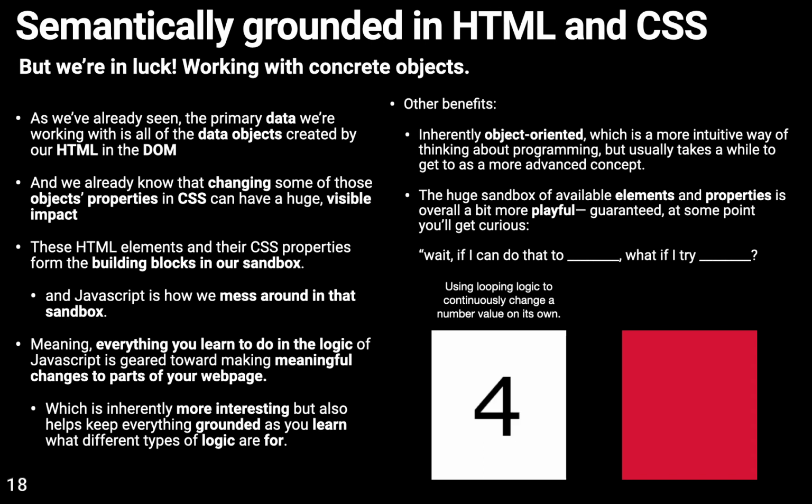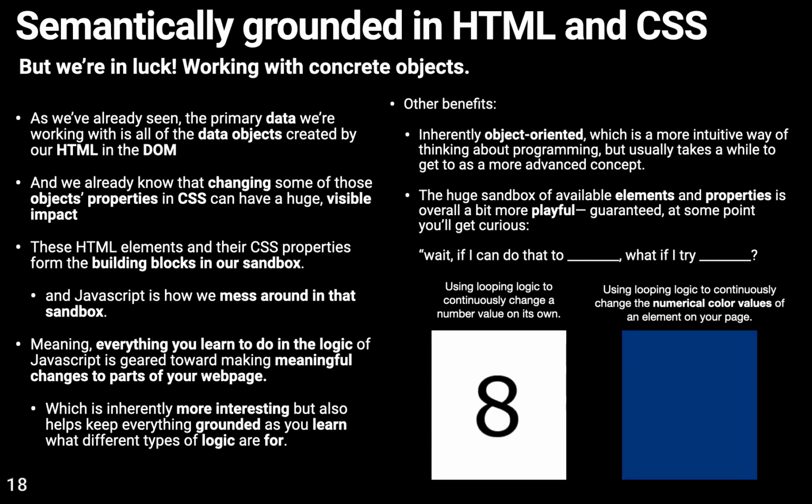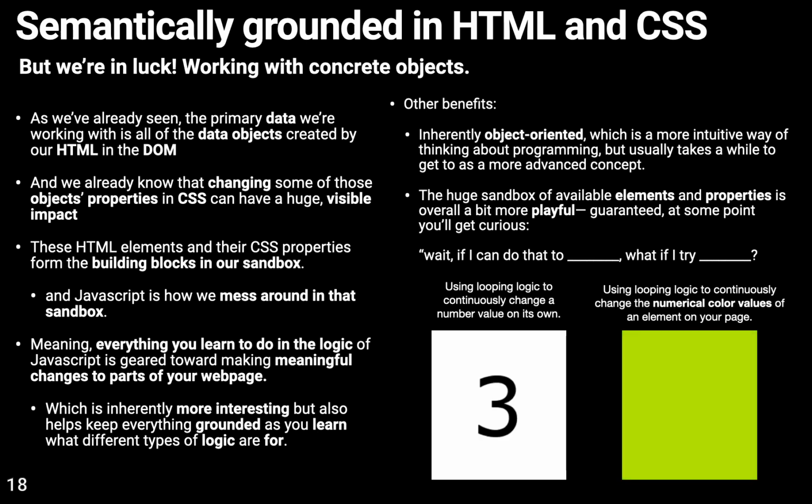So here's just an illustration of the abstract idea, right? So this is using looping logic to continuously change just a number value on its own, which is kind of cool, right? Being able to change a number over time repeatedly, that's interesting. But this would be using looping logic to continuously change the numerical color values of an element on your page.